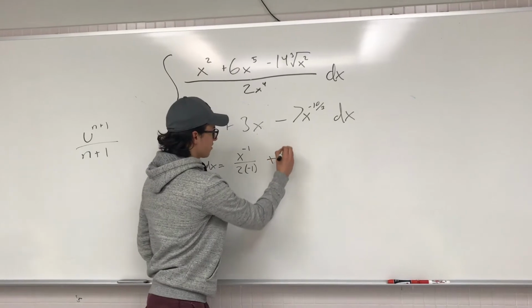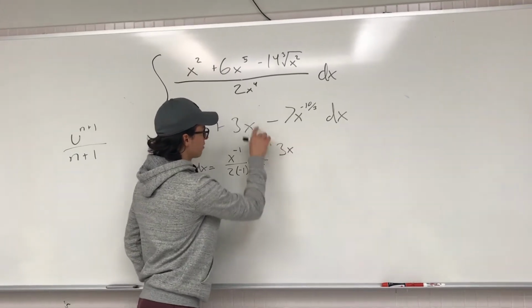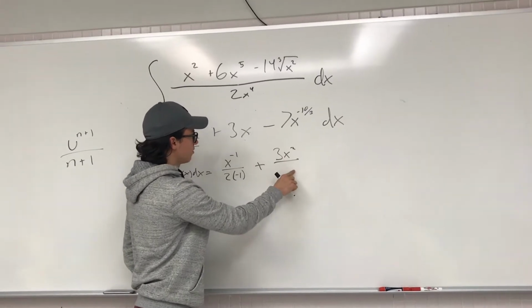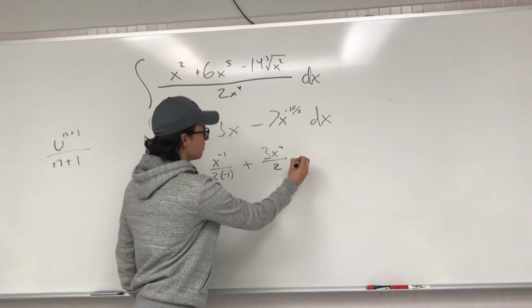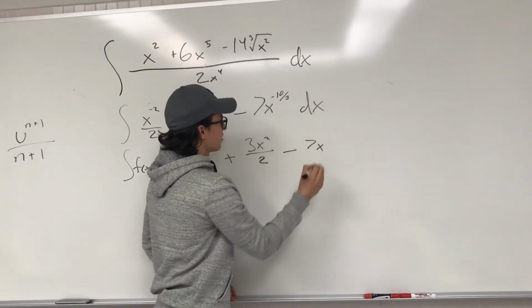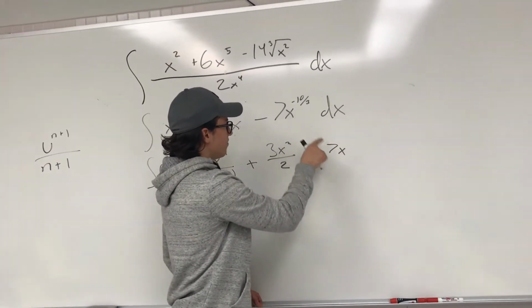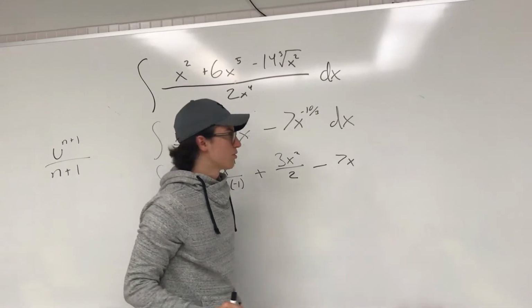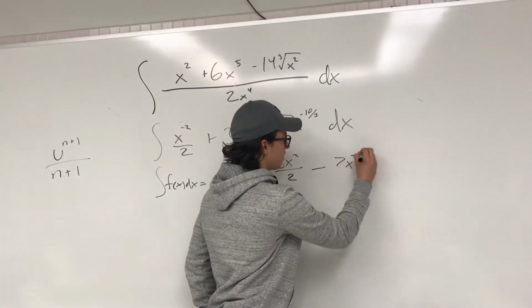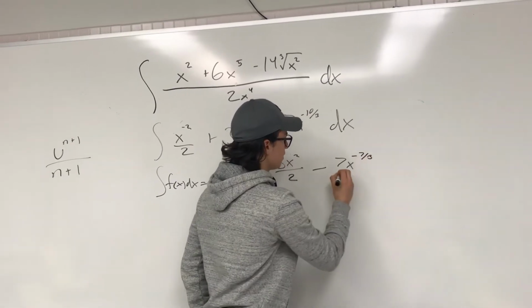Then plus 3 x, 1 plus 1, 2 over n plus 1 is 2, minus 7x negative 10 over 3 plus 1 is negative 7 over 3.